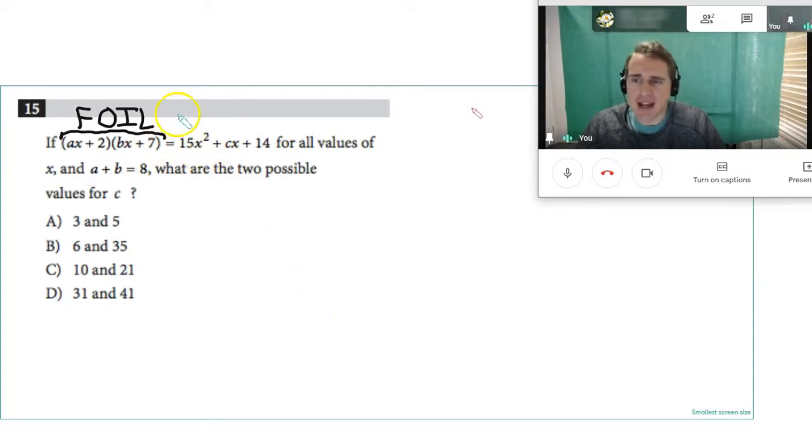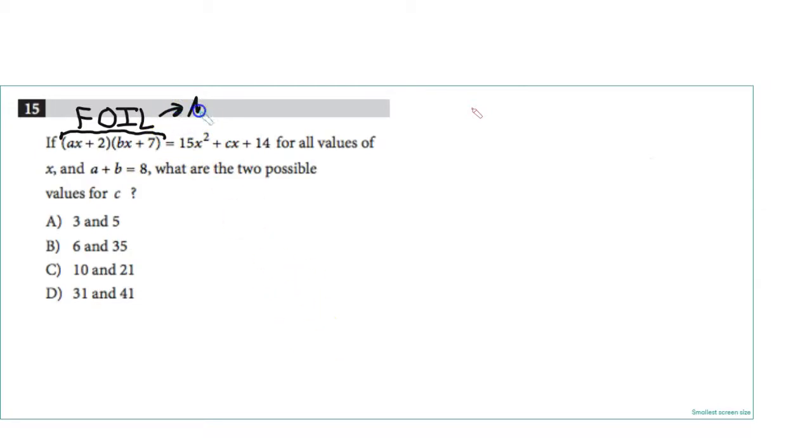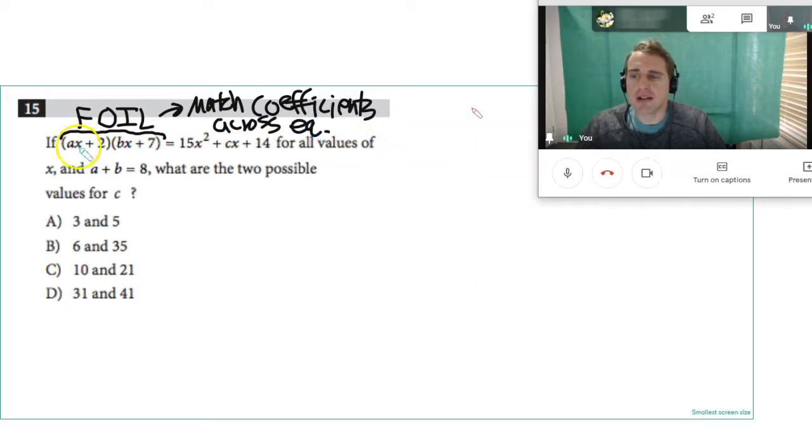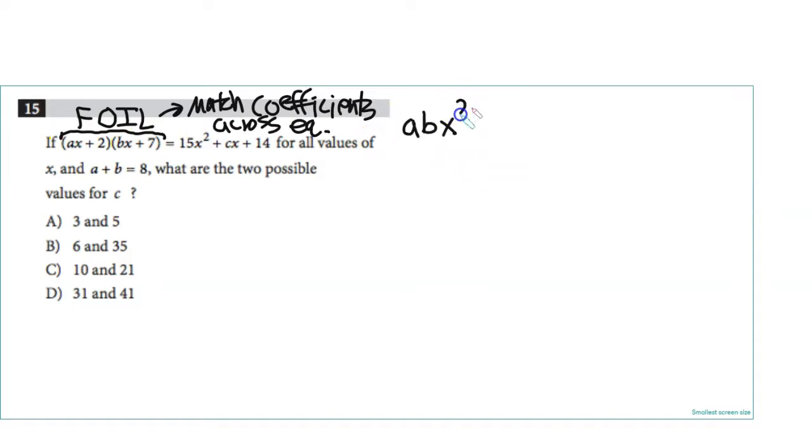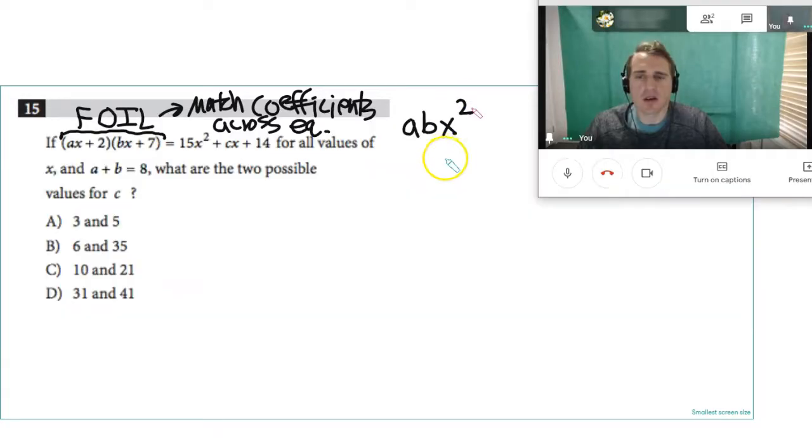So the idea is that if we FOIL, we should be able to match coefficients across the equation, okay? So let's try it. What happens when we FOIL this out? What's ax times bx? abx squared, right, because a times b, alphabetical order, x times x.